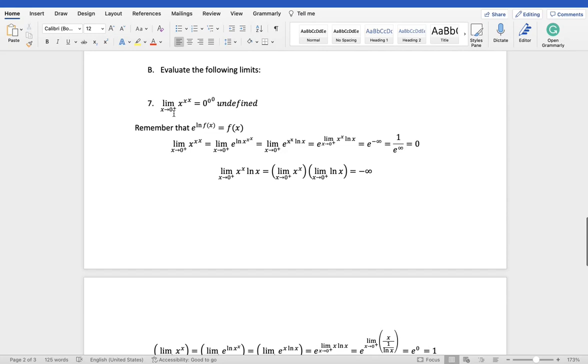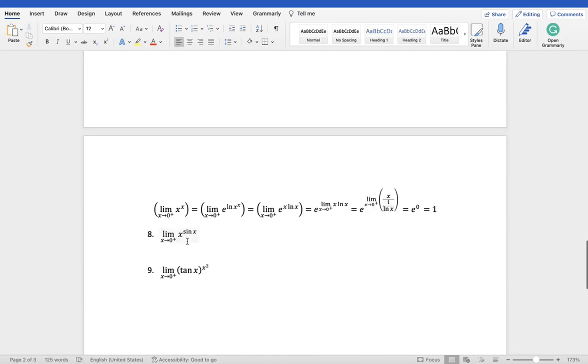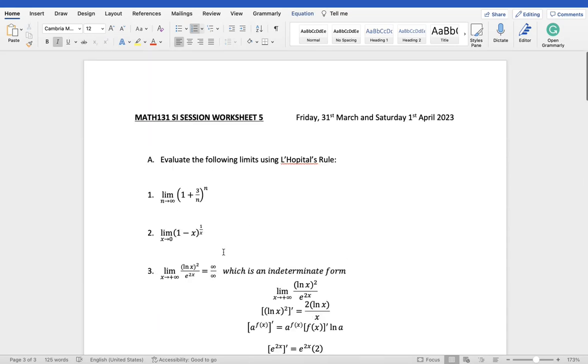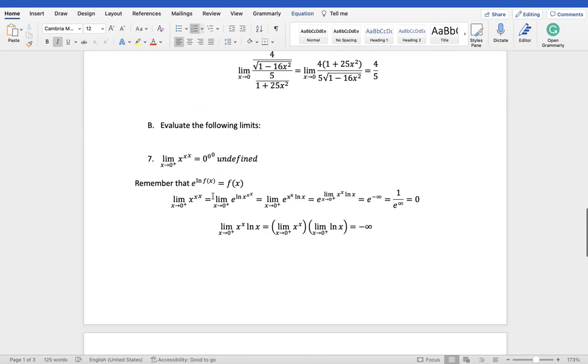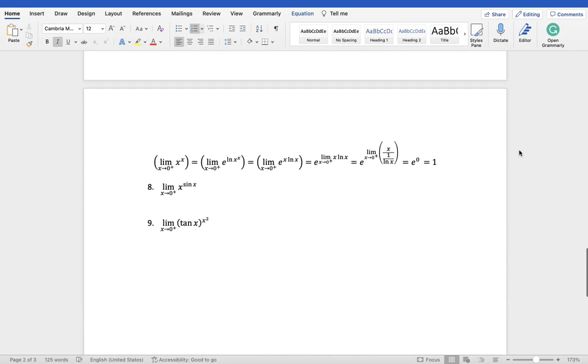But basically what you did here is similar to what you would be doing for 8 and 9. And then going back to questions 1 and 2, you'll be applying the same logic again, just to apply L'Hopital's rule. Okay, so that is it.